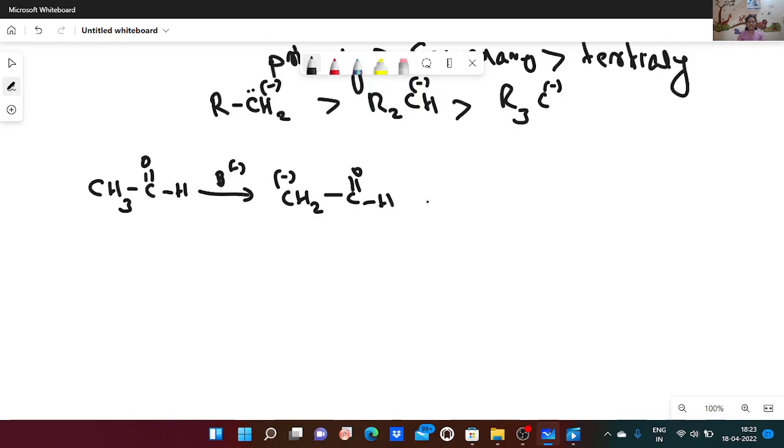This is stabilized whenever a carbanion or negative charge is near to an oxygen atom, or sorry, a double bond, an unsaturated functional group; this shift is possible. As a result, CH2 double bond CO minus H will be formed.